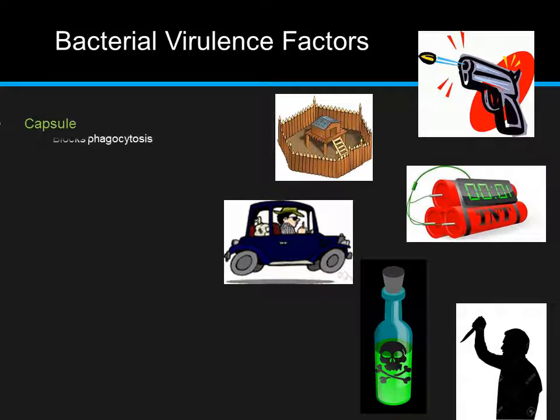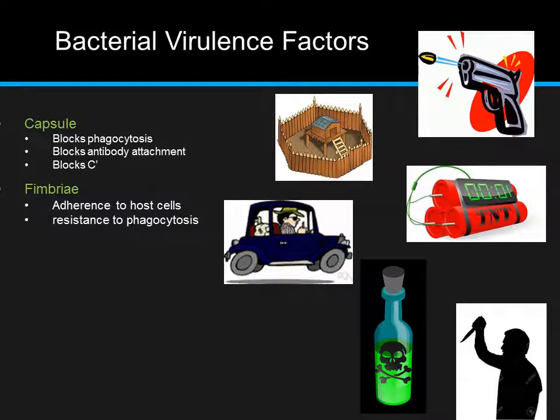So things like capsules, which block phagocytosis and antibody attachment and complement activation. Fimbriae, those little tiny hairs, or sometimes they're in the form of little tubes that hook cells together. They also can contribute to resistance to phagocytosis. Certain adhesive surface molecules, in the vein of, for a pathogen to cause an infection, it's got to land somewhere and be able to hang around, stick to those cells and tissues to be able to multiply and cause the infection.